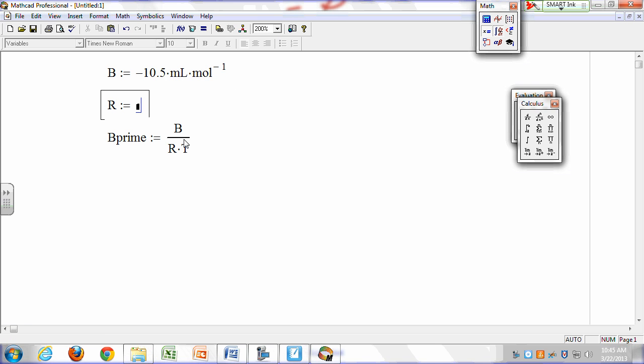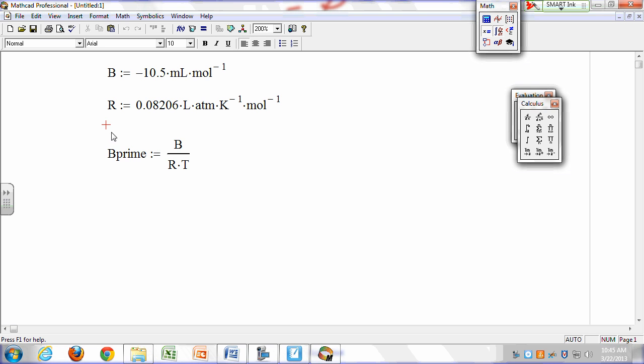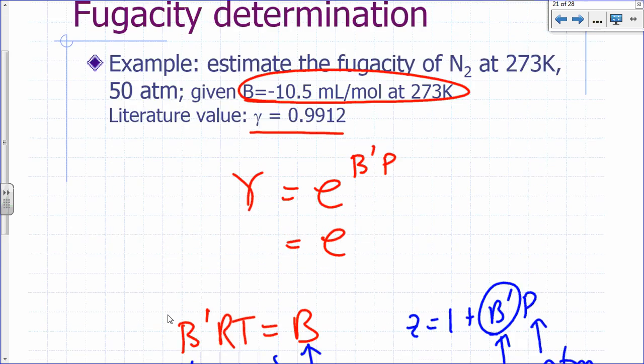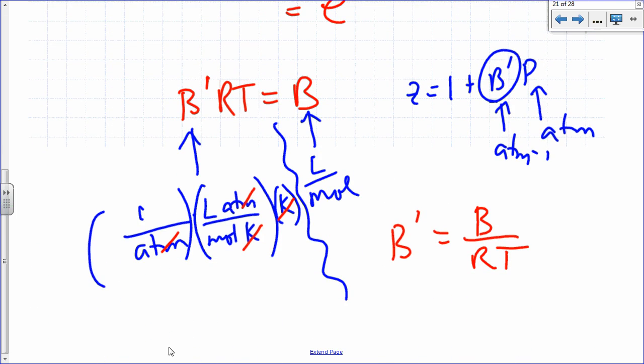And R is 0.08206 times liter times atmosphere per Kelvin per mole. Now my temperature is 273.15 Kelvin, and our pressure is 50 atmospheres.